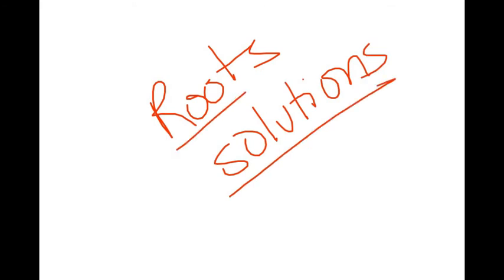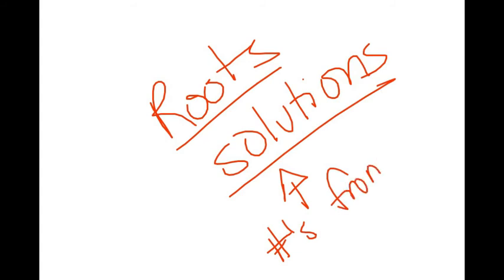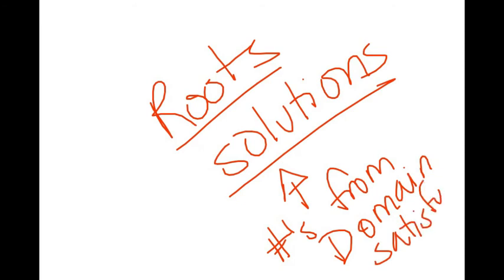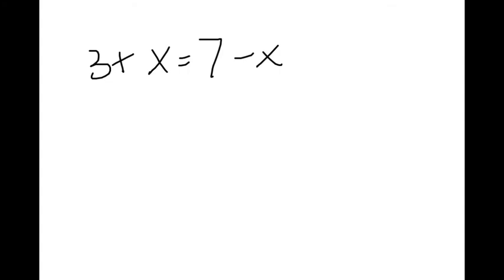Roots and solutions. These are the numbers from the domain that satisfy the equation. So let's look at our original 3 plus x equals 7 minus x.